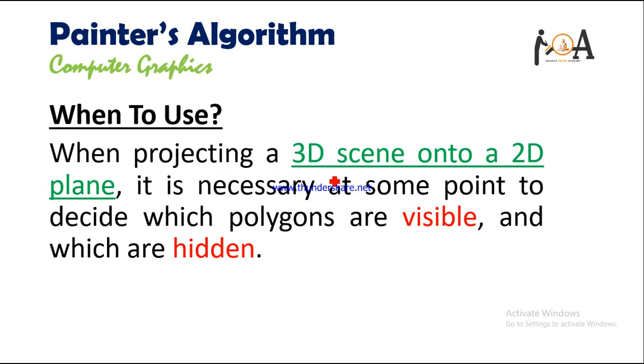When projecting a 3D scene onto a 2D plane. Then it's necessary at some point to decide which polygons are visible and which are hidden. So to make clear which portions are visible and which are hidden, we use Painter's algorithm there.